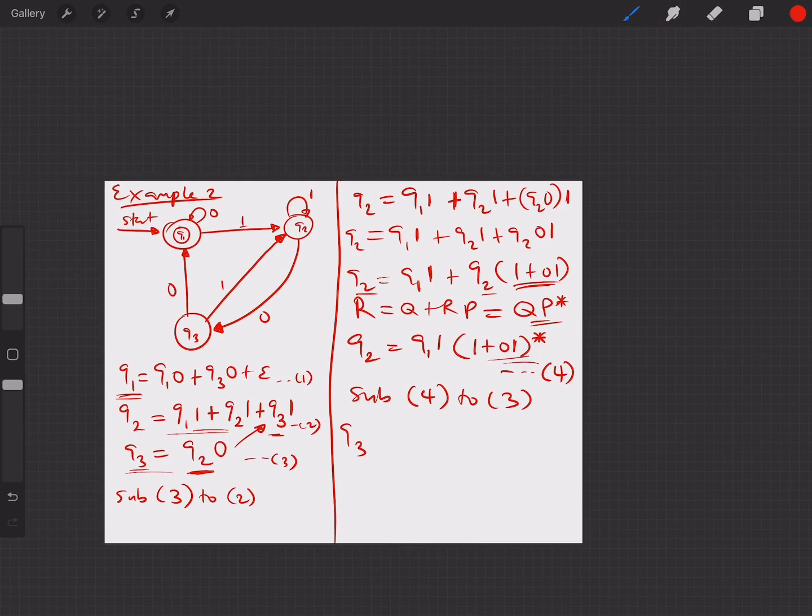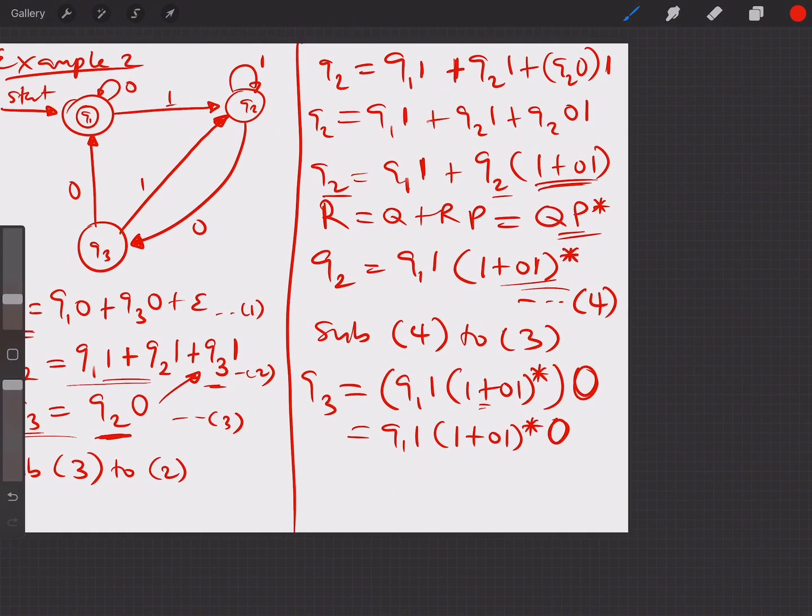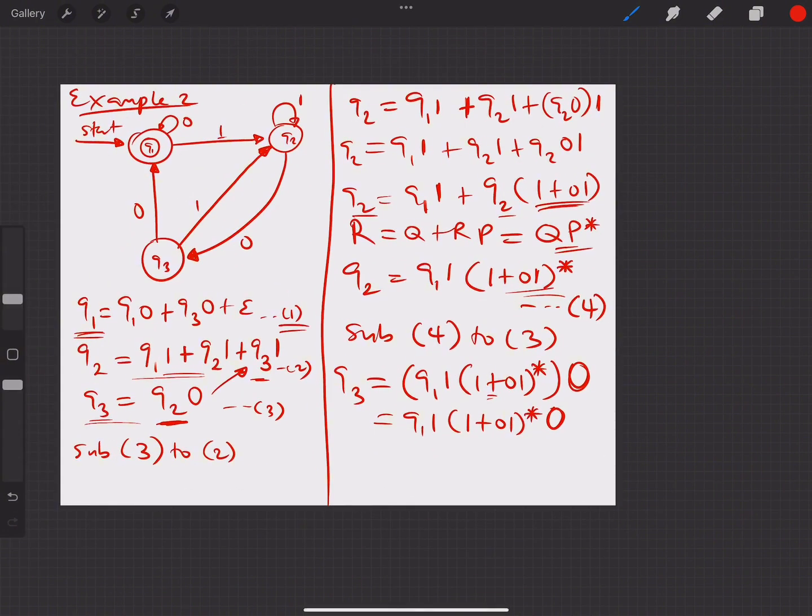Q3 is now, putting Q2 into Q3, Q1 1, 1 plus 0, 1 star, all with a 0 outside. So if we open that, we have Q1 1, 1 plus 0, 1 star, then a 0 again. Now we can put this into the final equation, which is equation 1, right?